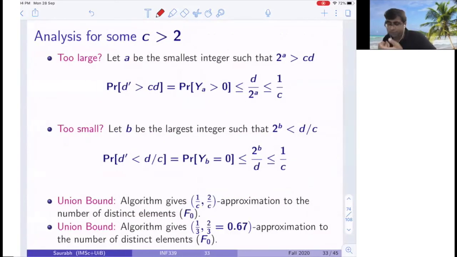And if you fix any constant, for example c equal to 3, then you get a factor 3 approximation with probability 0.333.